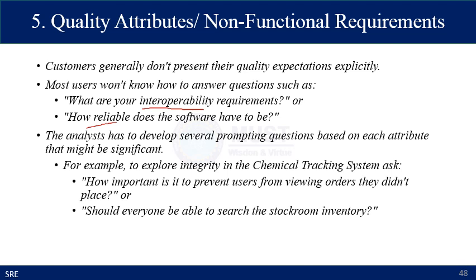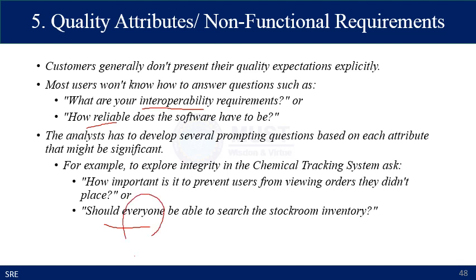So the analyst has to develop several prompting questions based on each attribute that might be significant. For example, to explore the integrity of a chemical tracking system, ask how important it is to prevent a user from viewing the orders they did not place, or should everyone be able to search the stockroom inventory?